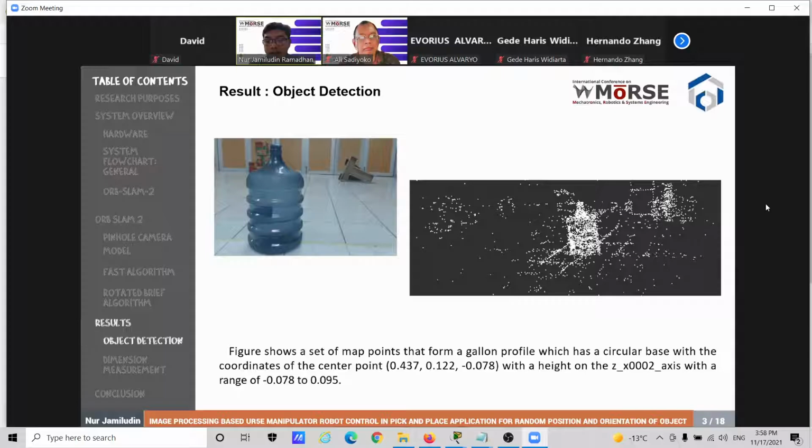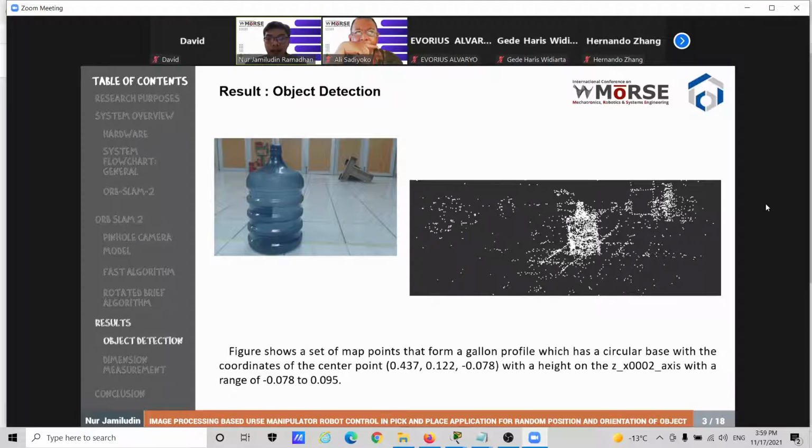This profile has a circular base with the coordinate at the center of point 0.437 and 0.122, and minus 0.078, with a height on the z-axis of 0.002, with a range of minus 0.078 to 0.095.